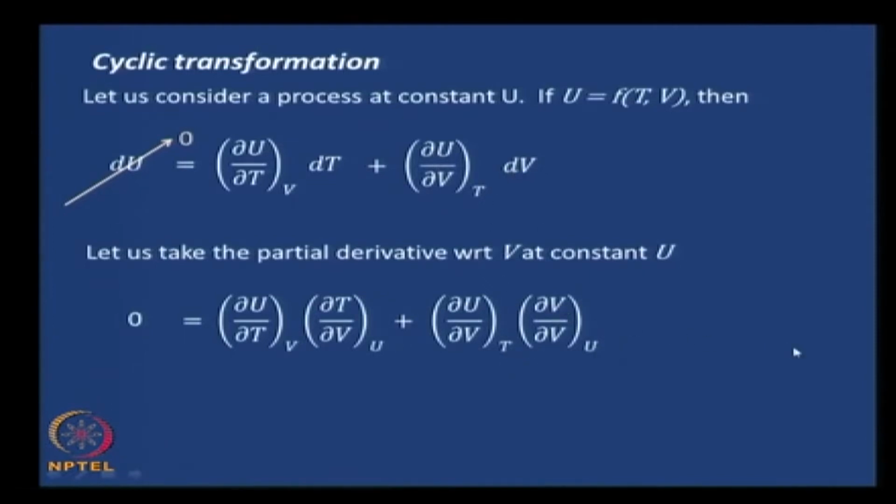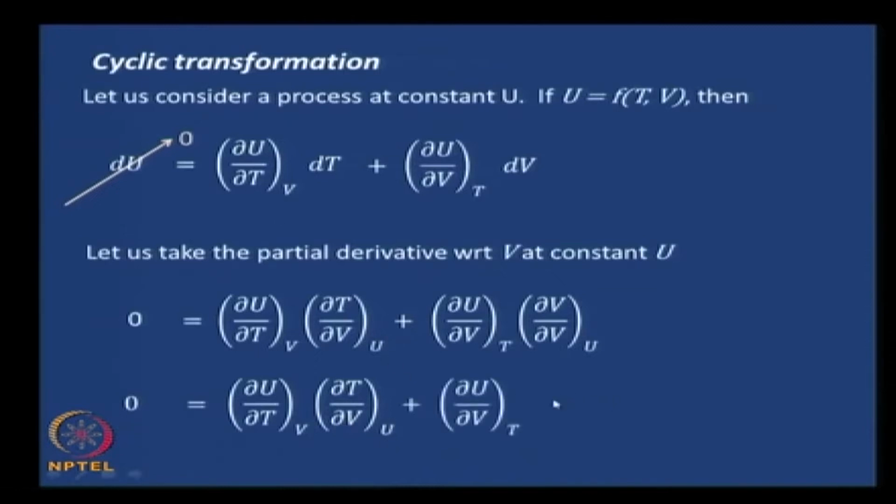This of course goes to 1. So, that can be written as 0 equals dou u dou t at constant v dou t dou v at constant u plus dou u dou v at constant t, since this has gone to 1.